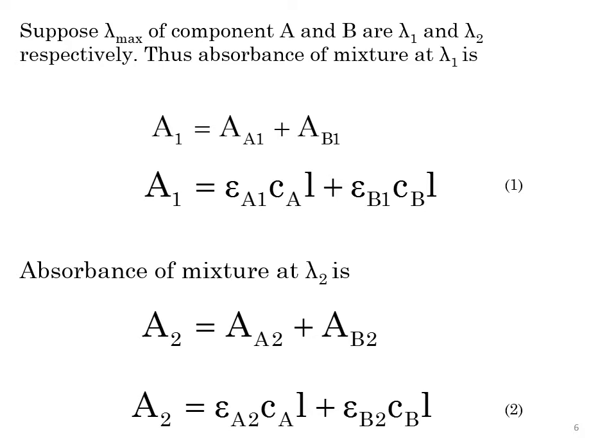Similarly, the second parameter A with subscript B2 represents the absorbance of component B at wavelength lambda 2. This expression can also be written in the form of Beer-Lambert's law: A2 equals epsilon of A2 into concentration of A plus epsilon of B2 into concentration of B, each multiplied by the path length of the sample holder.